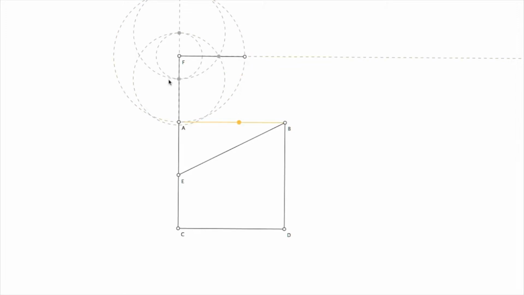Now I just need to drop the perpendicular down to there, which of course will be accomplished with a couple more circles. So first circle goes there, and I could theoretically just go ahead and join it now where this circle touches this line, but now the software knows exactly where that point is.